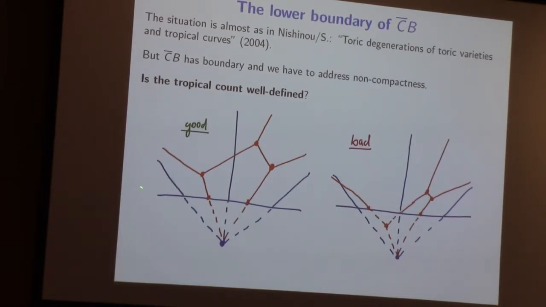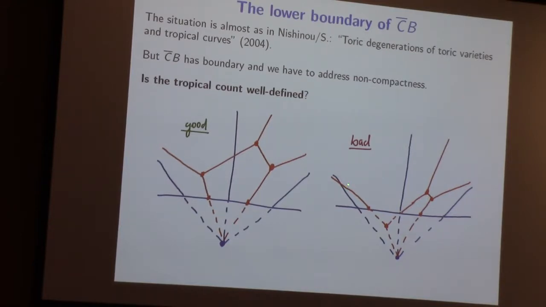So it has a lower boundary. Usually for complete toric varieties, you would have a polyhedral decomposition of the whole Rn. But now we only have a subset of Rn, maybe something like the upper half plane, or maybe even only an open subset of the upper half plane. And you see there's a problem in the count, right? The count will depend on where you fix your asymptotic, these unbounded edges.